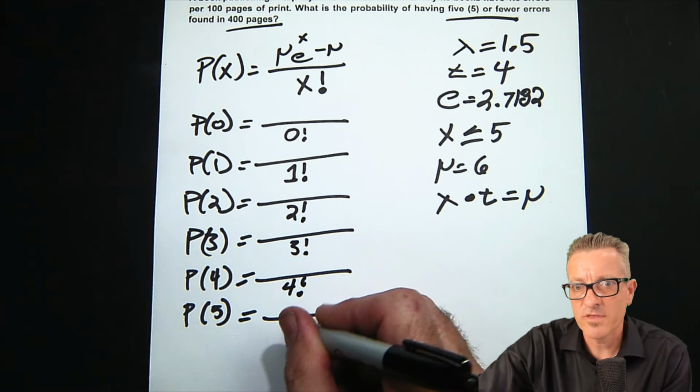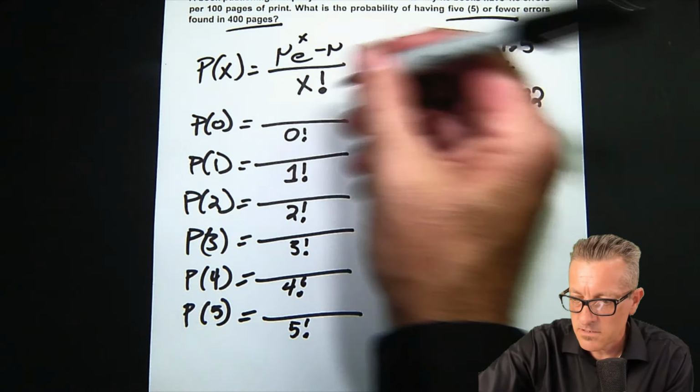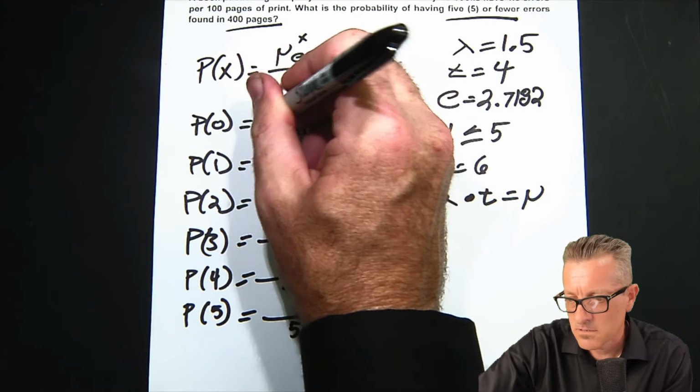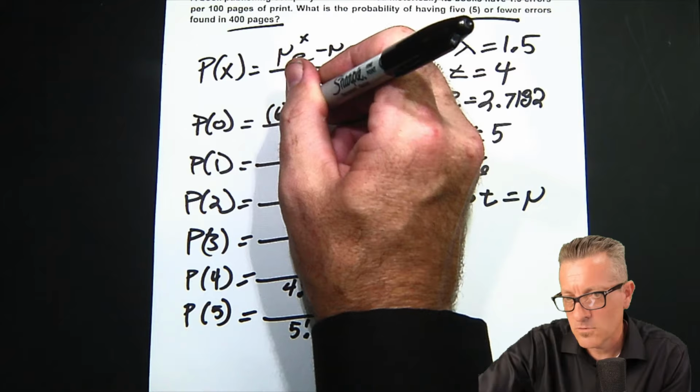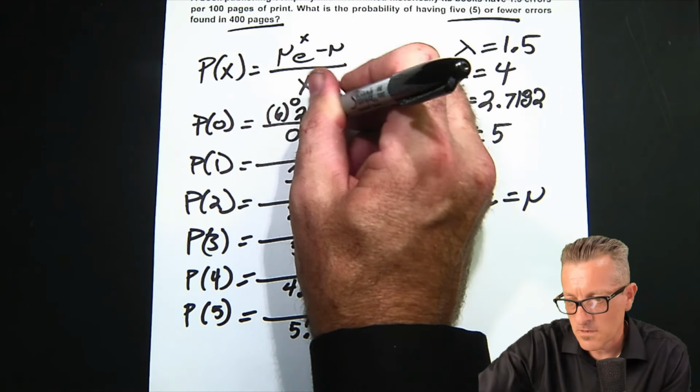For the top, for 0, it is still 6 to the 0, and 2.7182 to the negative 6.